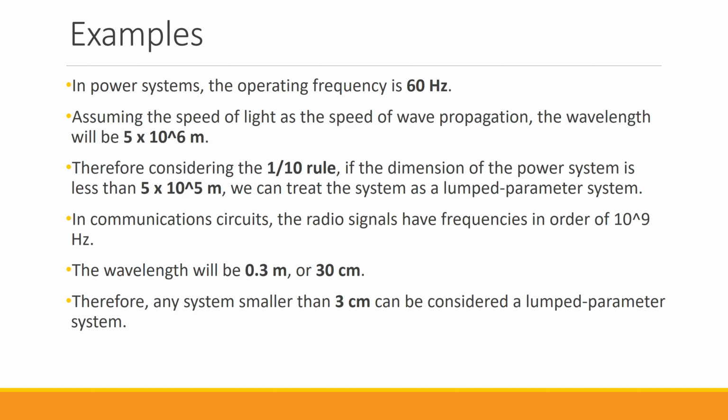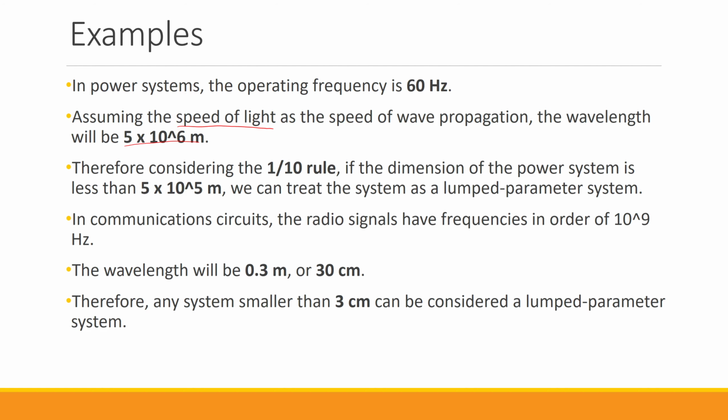Let's take a look at some examples. In power systems, the operating frequency is 60 Hertz, or in some regions of the world, it's 50 Hertz, right? If we assume the speed of light as the speed of the wave propagation, which is a safe assumption, the wavelength for this signal is going to be approximately 5 multiplied by 10 to the power of 6 meters, or 5 million meters.